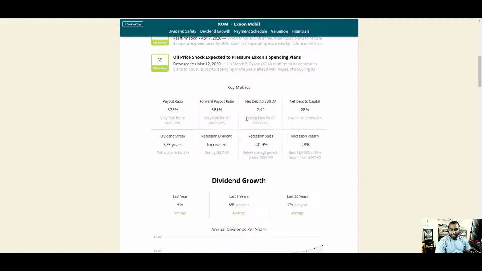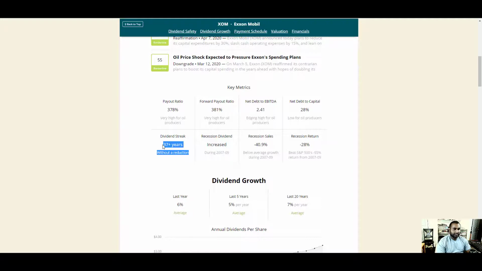Net debt to EBITDA, high for oil. I don't know exactly how you say it, but yes, high again. Net debt to capital is low for an oil producer. Okay, this is low.